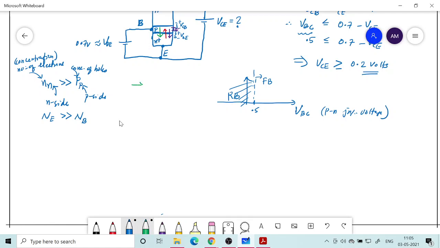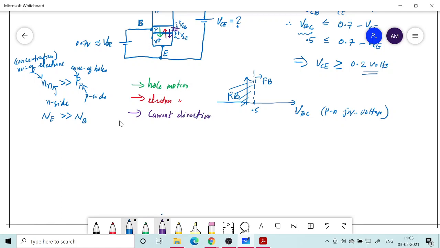So the green arrow corresponds to hole motion, the red is electron motion, and the purple is the current direction.